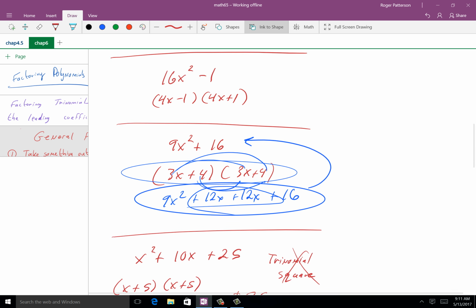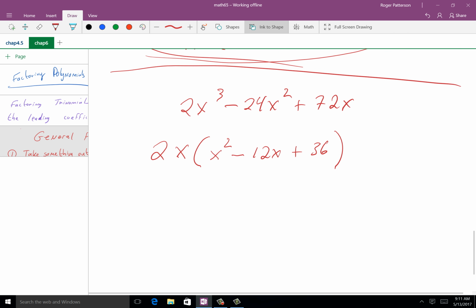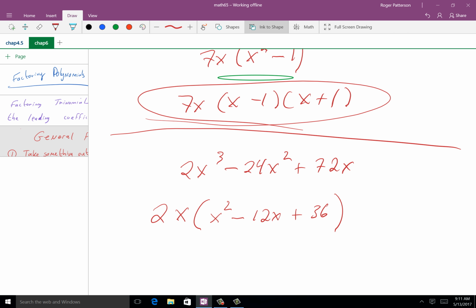This has a square in it, 36, but there's 3 terms, x squared, 12x, and 36. So that differentiates it out.